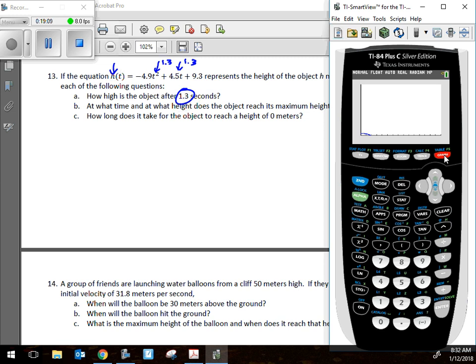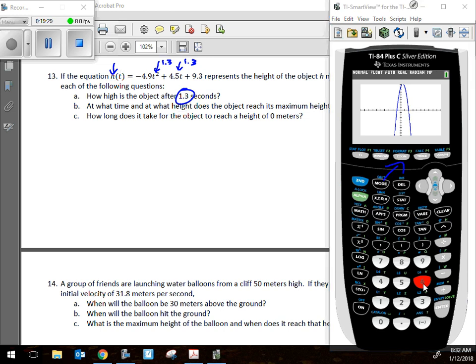Okay, mine is looking pretty strange, so I'm going to go to Window and say, oh boy, my window's all messed up. If your window's all messed up, Zoom 6 is your standard zoom. It gets you back to normal. Hit Zoom 6. Zoom is the very middle button right here.